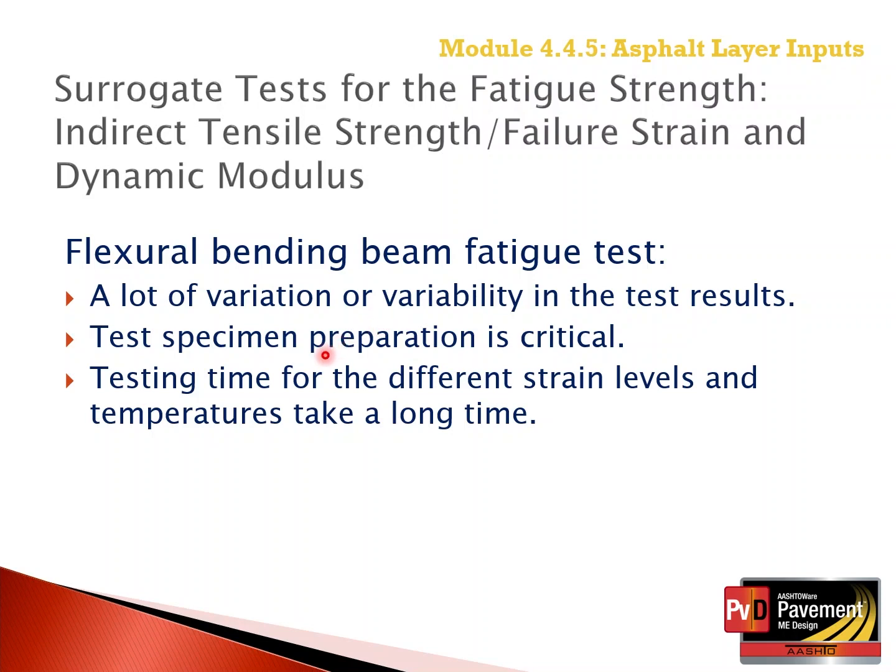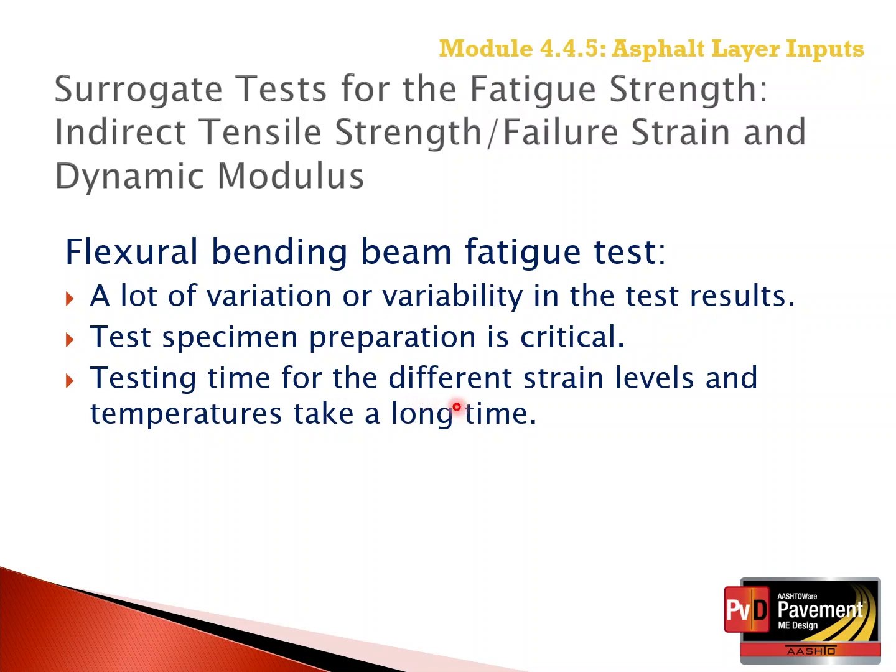The third is the time to test the bending beam specimens to failure can take a lot of time and is very labor intensive, especially for the lower strain levels, where the bending beams may require 5 to 10 million load applications prior to failure.